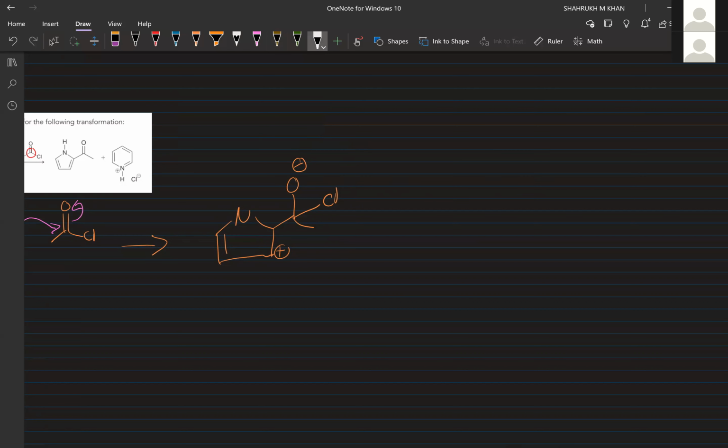I don't know if the book does for this question if they draw out all the resonance structures, but it's probably better to just show them. Okay, anyways, this reforms the carbonyl, and then this should get kicked off. It doesn't really matter when that gets kicked off. I'm missing a nitrogen H here.